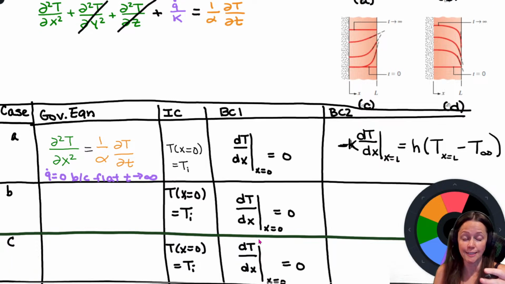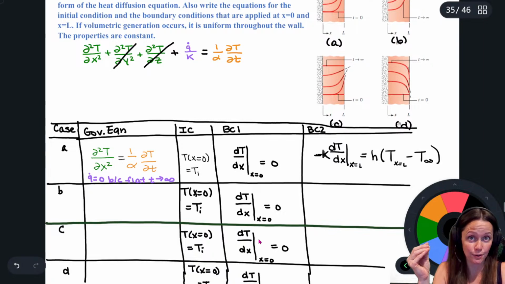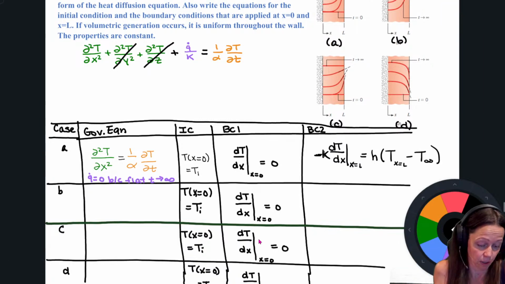Basically, the entire wall is coming to some temperature, and you don't have any thermal energy generation causing the wall to be at a higher temperature than the temperature at x equals L. So with that kind of thought, that makes it probably pretty easy.